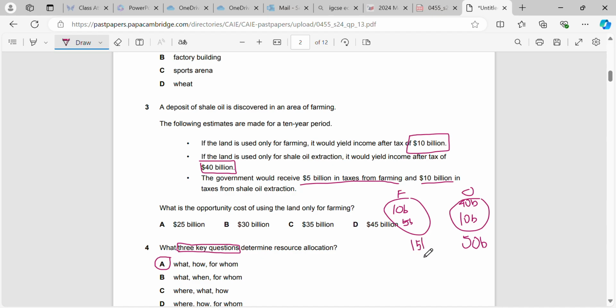Now remember that opportunity cost is talking about what we've given up. So in this case, we've given up the oil extraction, but we've generated 15 from making that choice, but we've lost out on 50. So what we've actually lost out on is 35 billion, which is the 50 billion we generate from the oil extraction minus the 15 billion that we would generate from the farming.